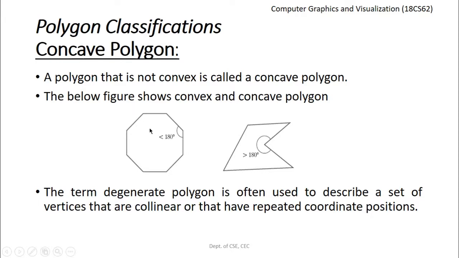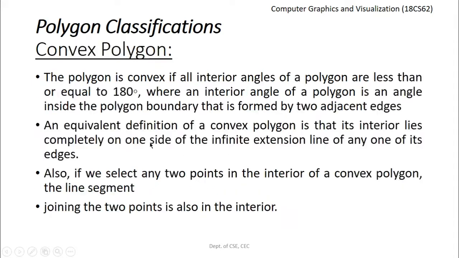If you consider any two adjacent edges here, that angle will be less than 180 degrees, and hence this particular polygon, the one on the left, can be considered a convex polygon.